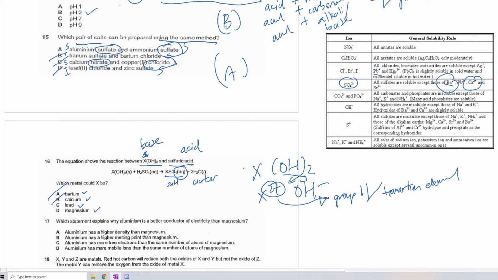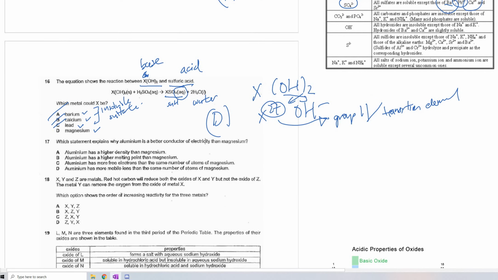And over here, lead can also not be the answer, because these three form insoluble sulfate. The only correct answer is option D.